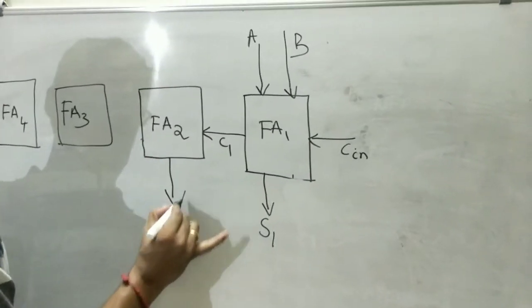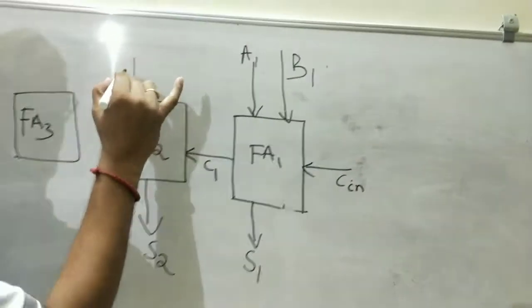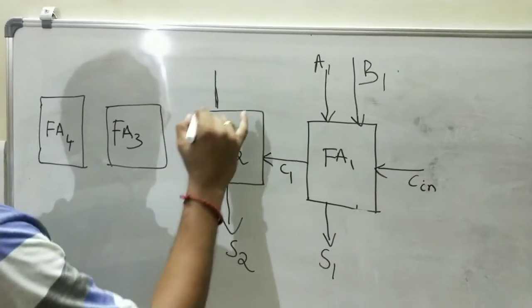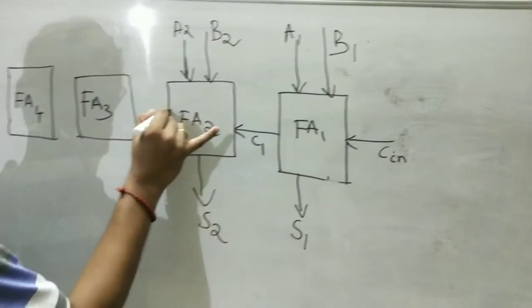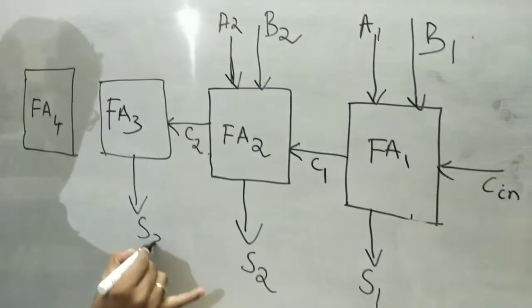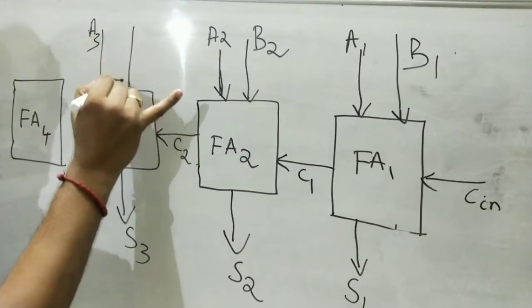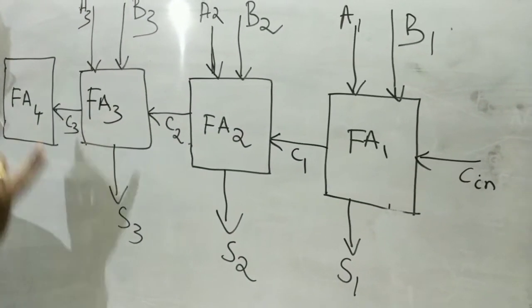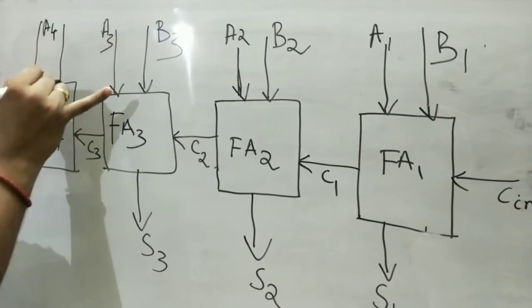Sum alone we are going to take, S2, A1, B1, A2, B2, C2, S3, A3, B3, C3 will be coming here, and then A4 and B4.